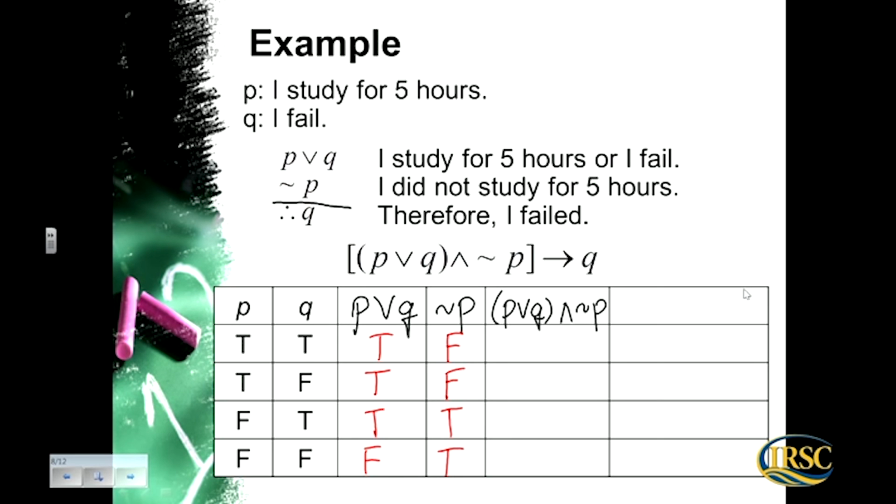So an and is only true when they're both true. Okay, so I'm just looking at the two premises column, the P or Q and the not P, these two. So we have false, false, true, false. And then in the last column goes the entire compound statement.